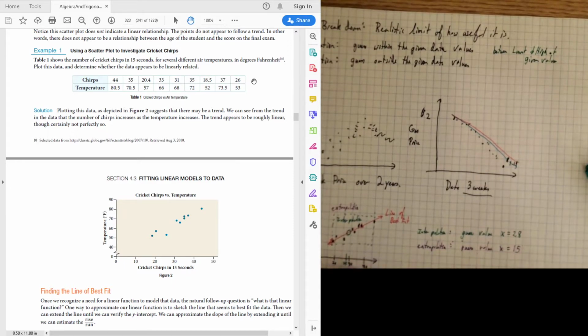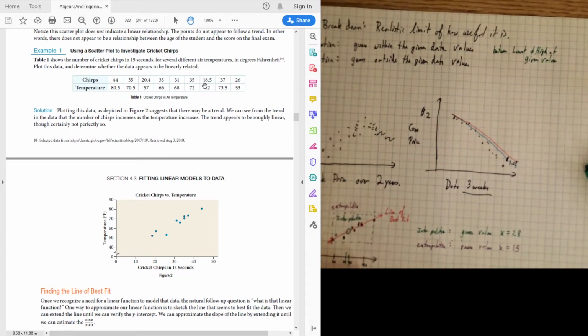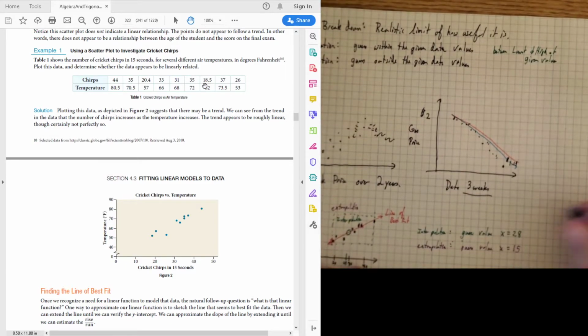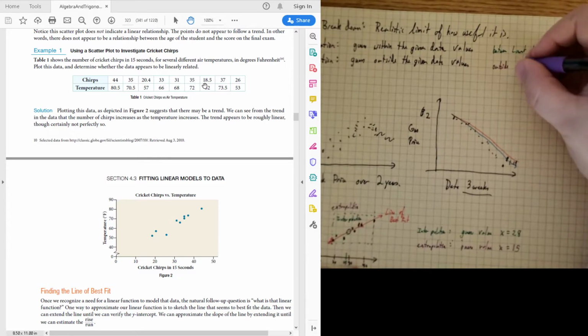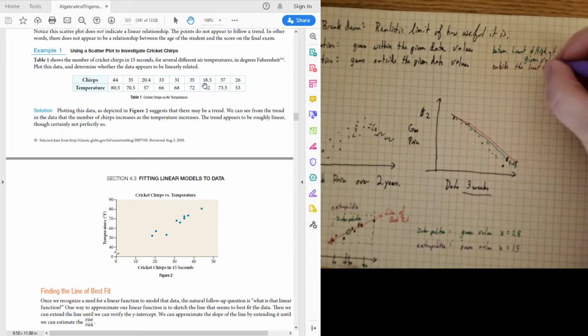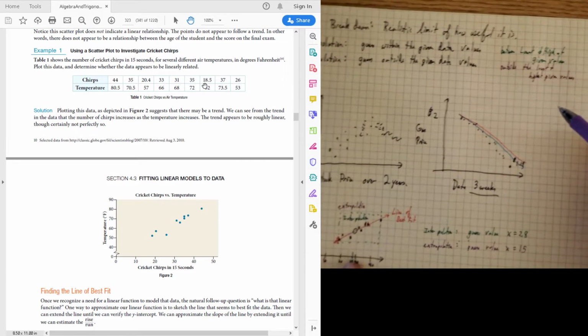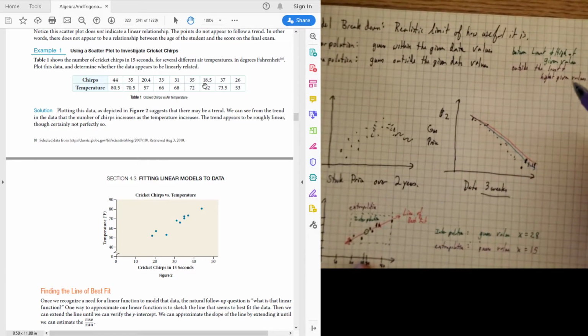The lowest value we have in our given information is 18.5, and so 15 is outside of that group. So these are considered to be extrapolations because they're outside of the group.